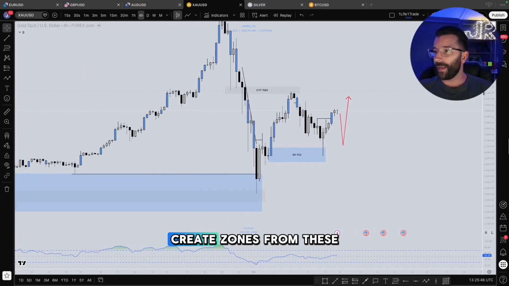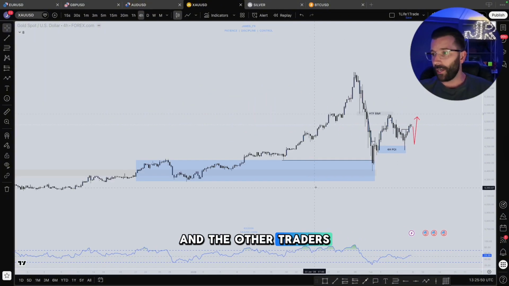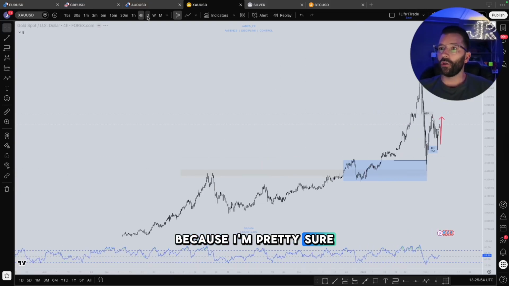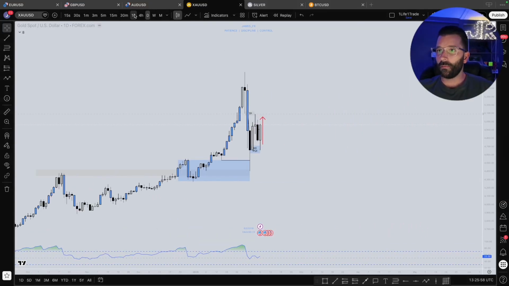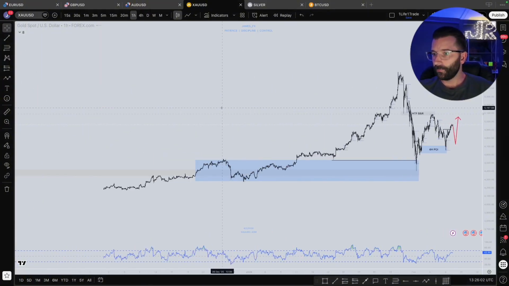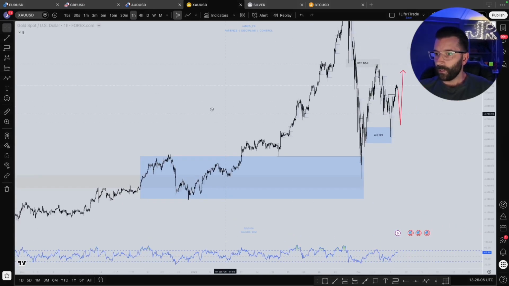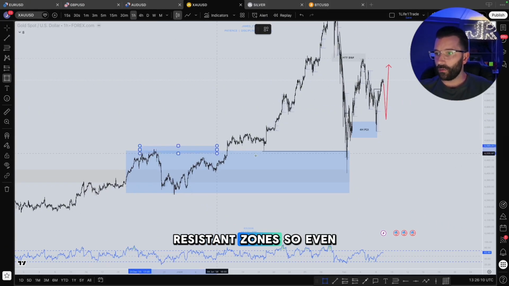We can create zones from these areas, like David was saying about zones and the other traders. Like, let's go back here, because I'm pretty sure if we go on the, was it the daily? Might have even been the hourly. Like here, you start seeing these resistant zones.